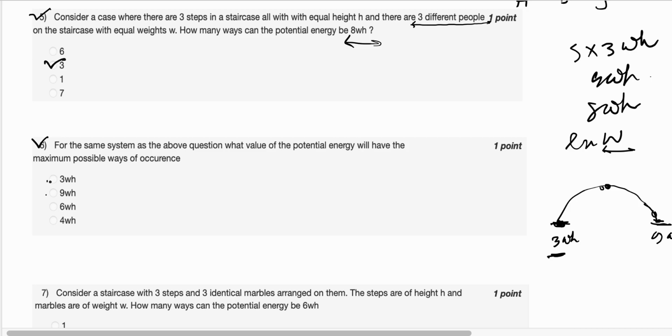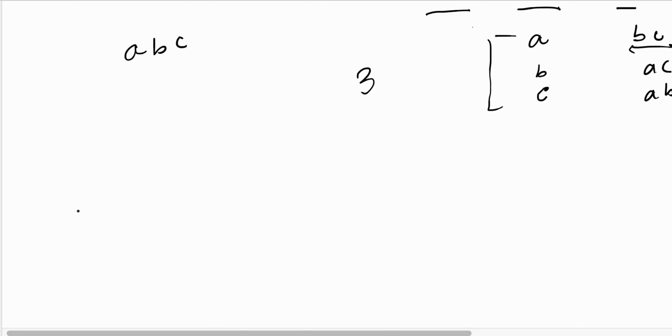The microstates in which we get the 3 omega h energy and 9 omega h are actually 1 and 1. So this is not actually the maximum possible ways of occurrence. So let's see how many ways 6 omega h can occur, right?